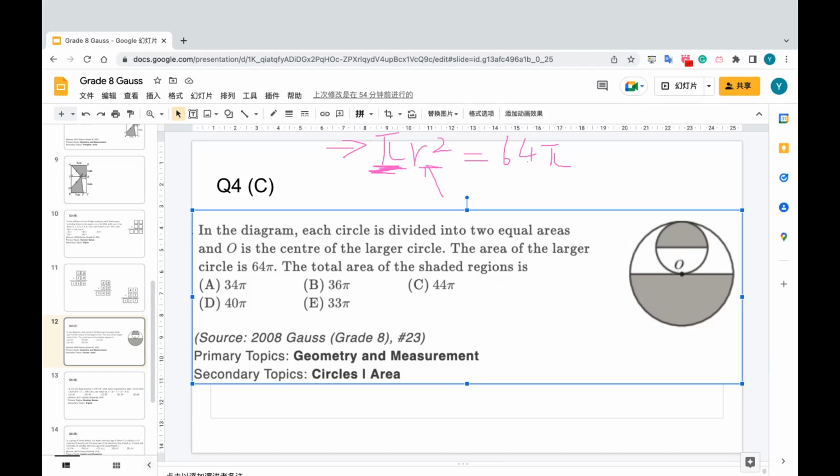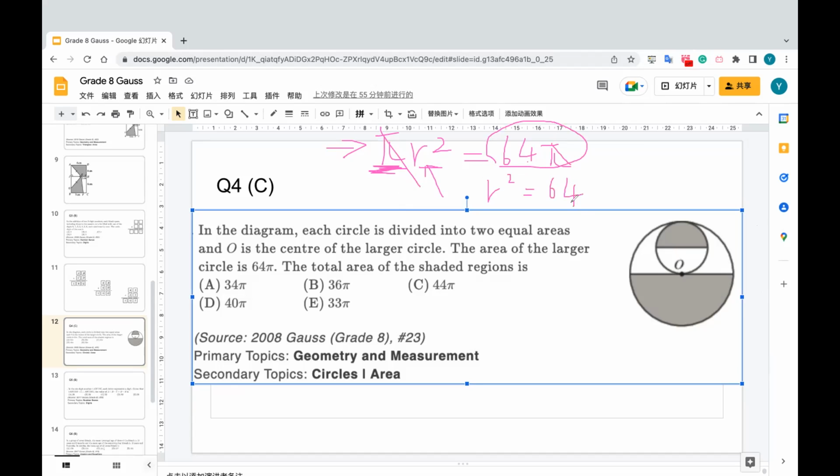All right, since we only have 2 minutes left, I'm gonna go over this question together. Like I said, for the big circle, the area is given, right? The larger one, pi r squared equal to 64 pi. So pi can cancel out, R squared equal to 64.